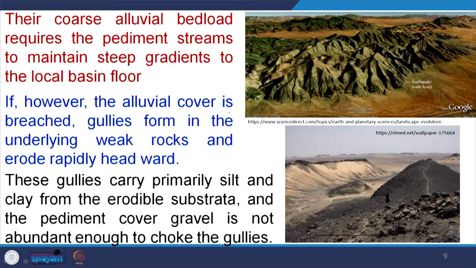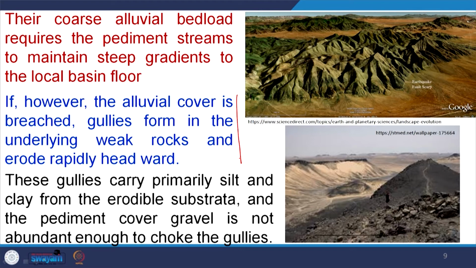Their coarser alluvial bed load requires the pediment streams to maintain a steep gradient to the local basin floor. If, however, the alluvial cover is breached, gullies form in the underlying weak rock and erode rapidly headward. This part is very important to understand.